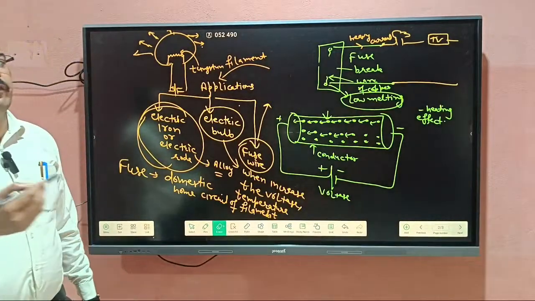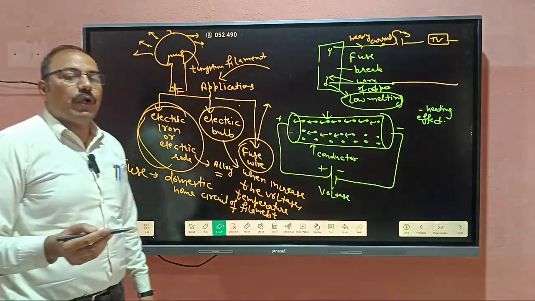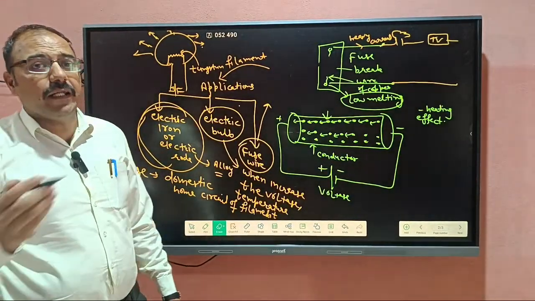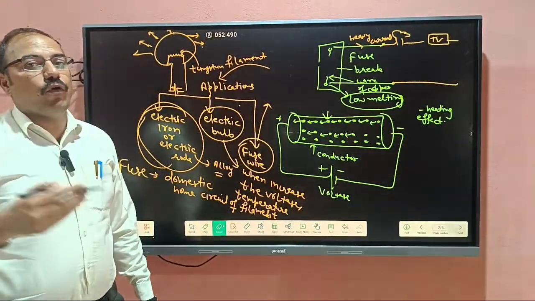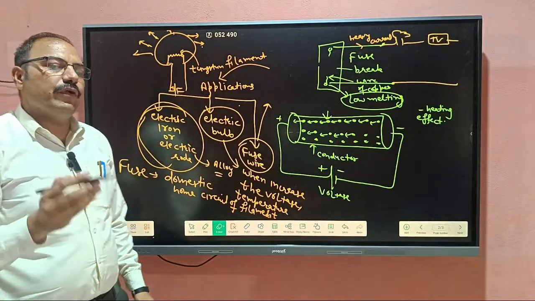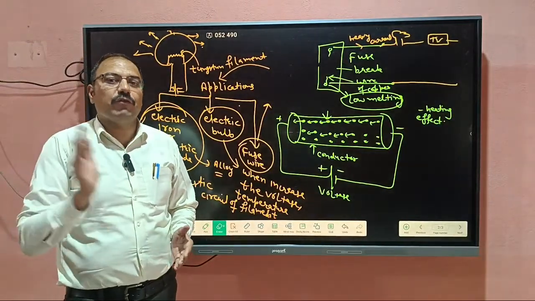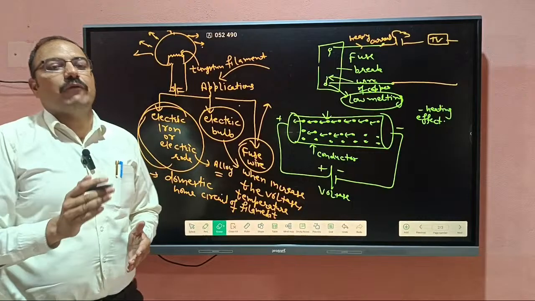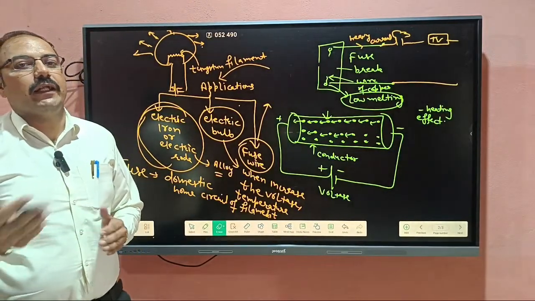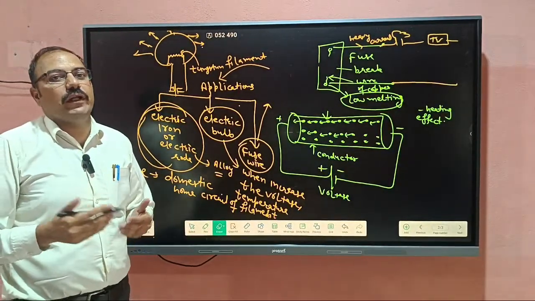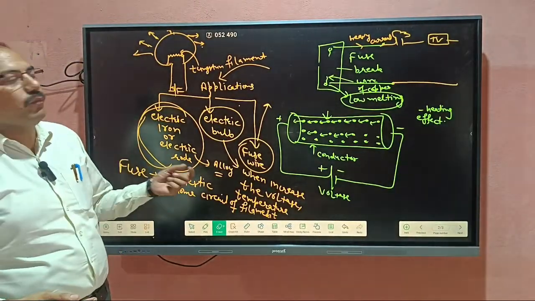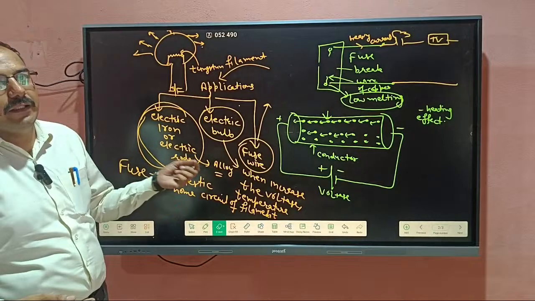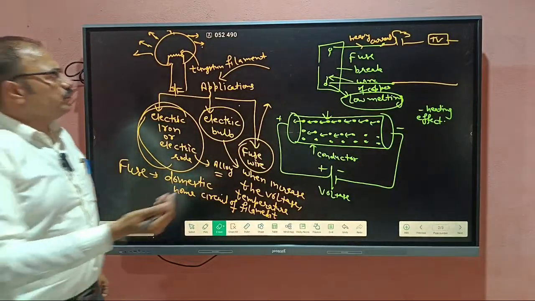And what are the disadvantages of the heating effect? For example, when we pass electric current, most of the electric energy is radiated in the form of heat. For example, when we give 100% from the powerhouse, 40% of the energy of the electric current is consumed in the form of heat. So there is nearly 30 or 40% loss of the electric energy due to the heating effect.